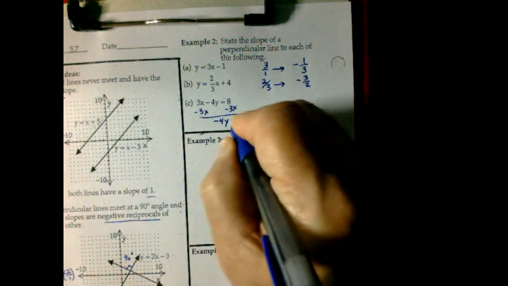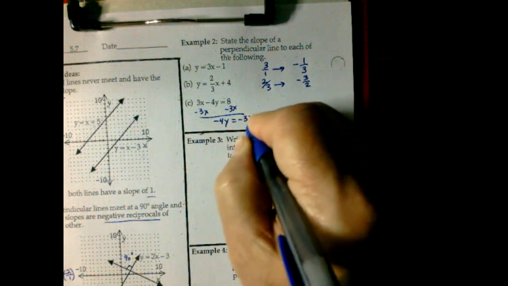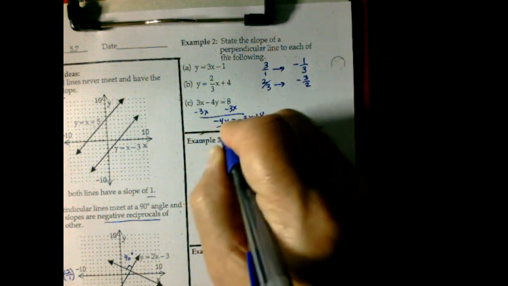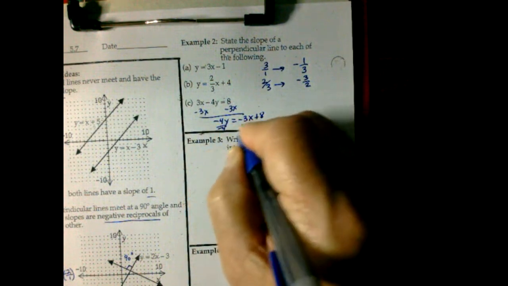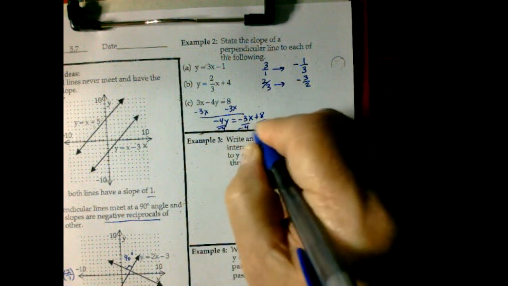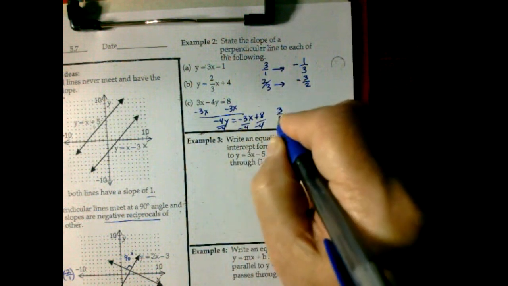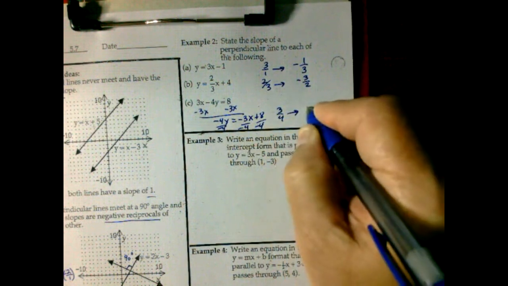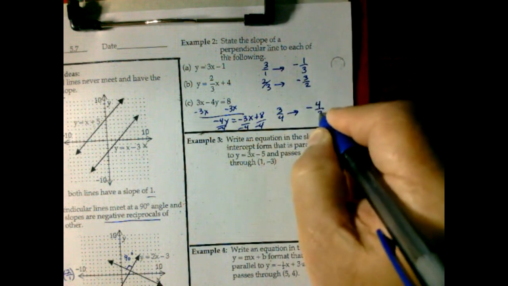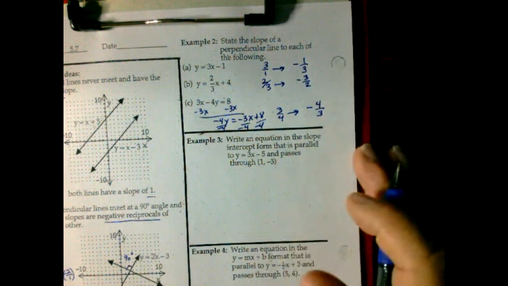Negative 4y equals negative 3x plus 8. Then divide by negative 4. And we can see two negatives is a positive 3/4. We flip it, and don't forget the negative sign. So these are slopes of perpendicular lines.